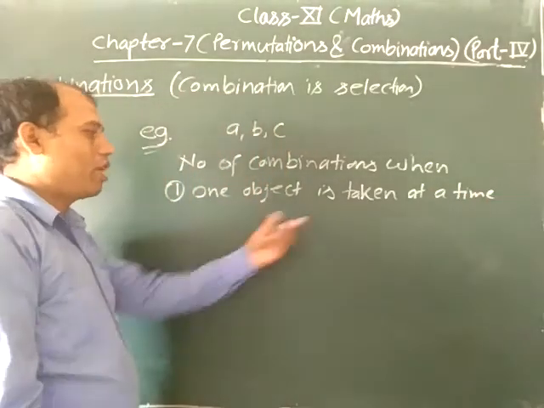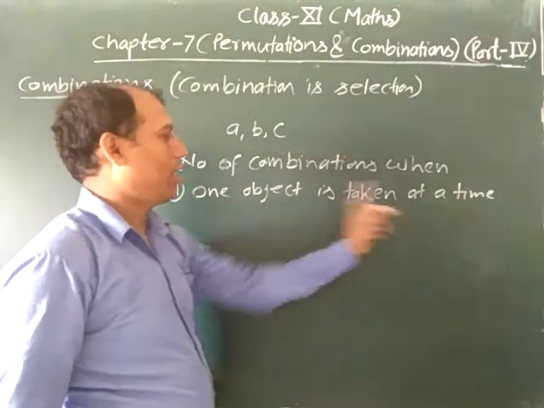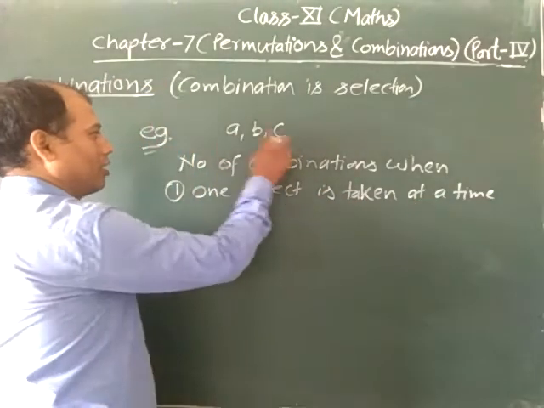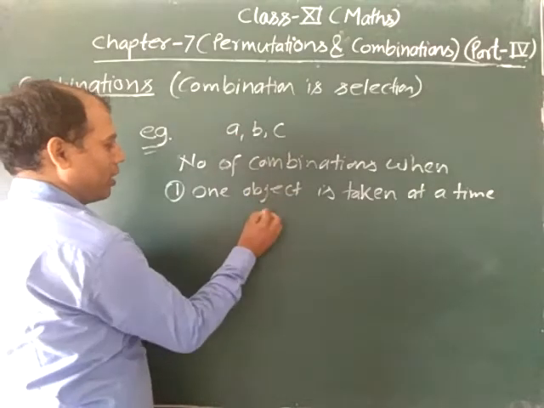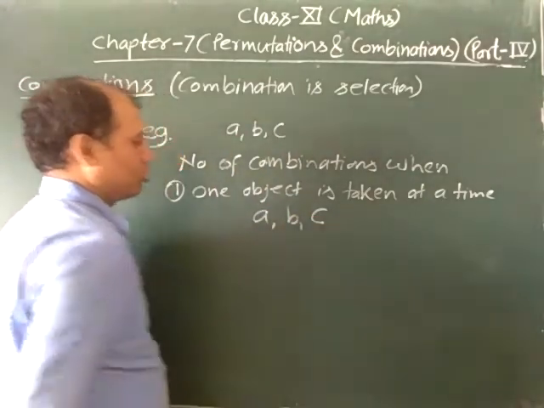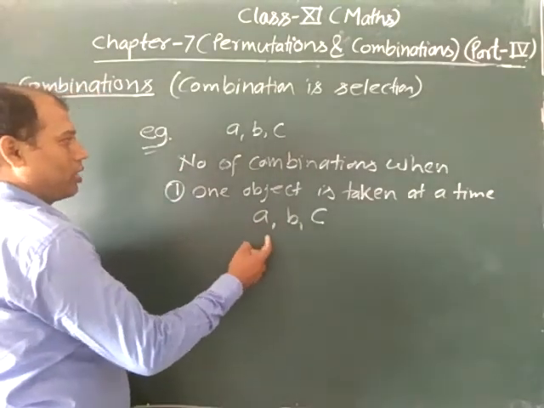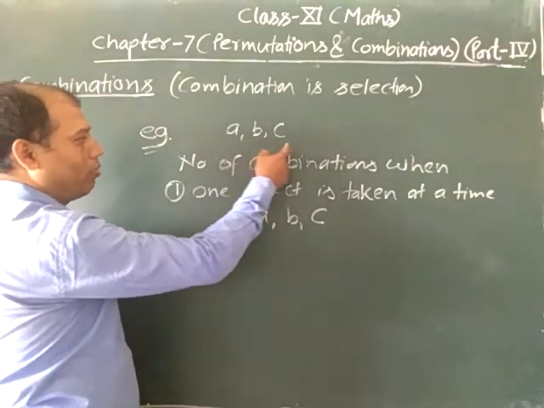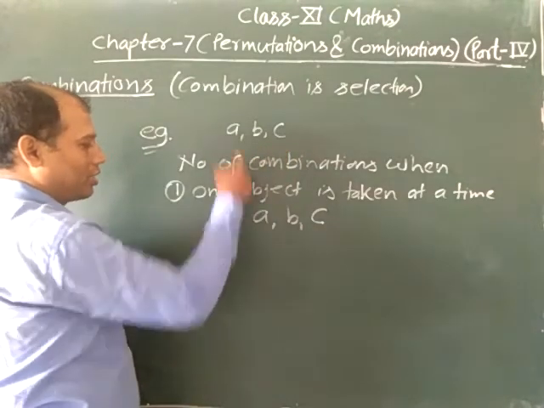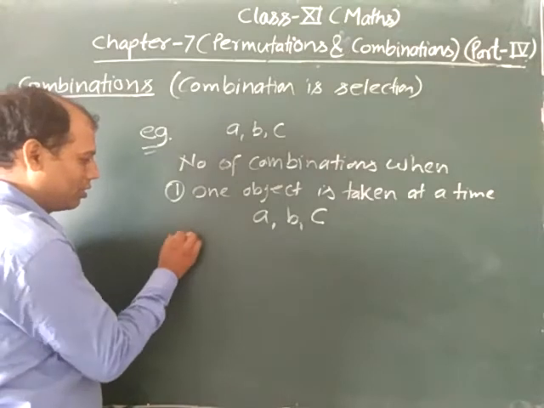When we have to take one object at a time, then the selection is either A or B or C. So there are three selections in which first we can select any one of them. We can select A or B or C. So there are only three selections.